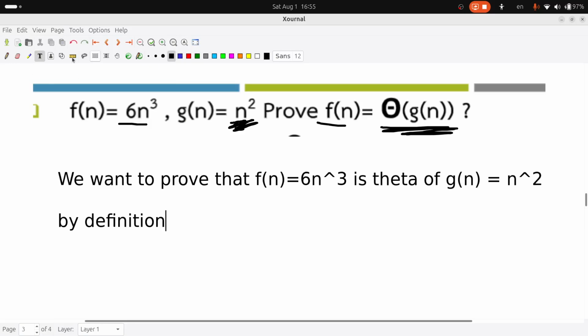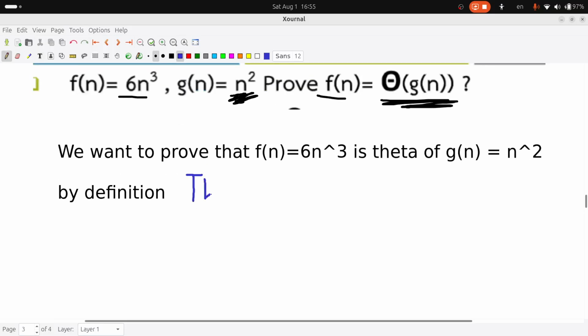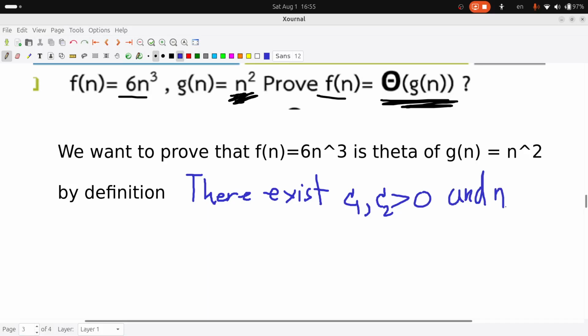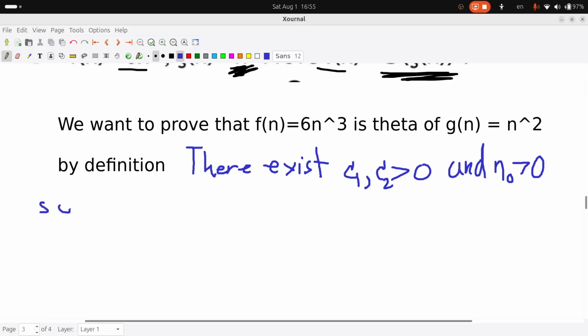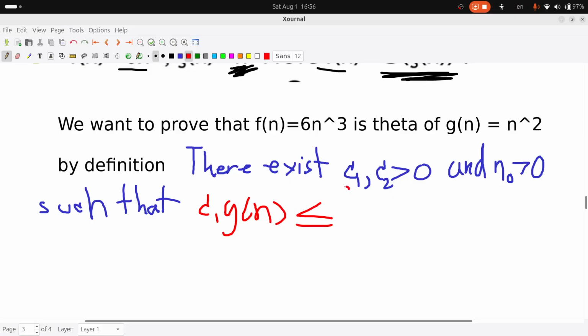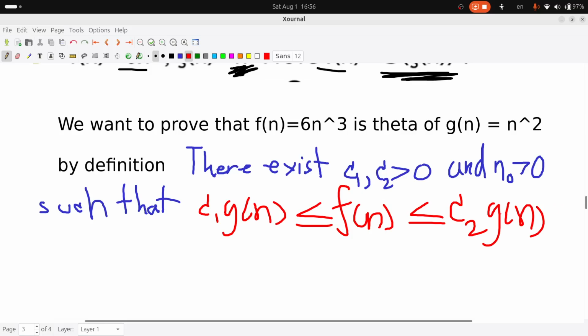There exist c1 and c2 that is greater than 0, and a positive number starting point, so that we write the definition of it as c1 gn is less than or equal to fn, and less than or equal to c2 gn. That is the same as the previous problem.